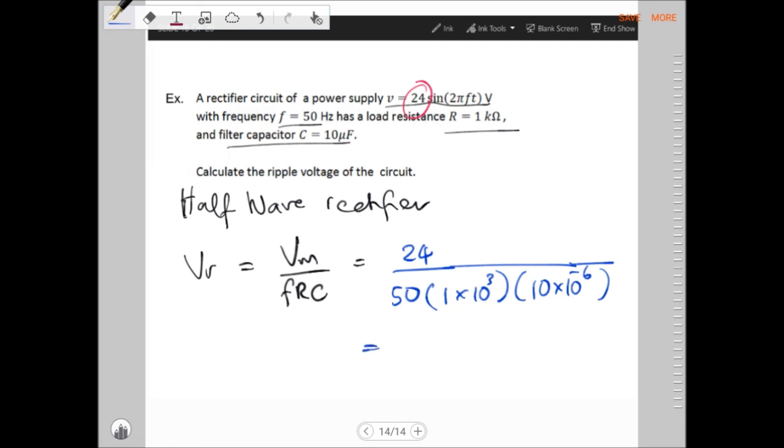If you do the maths correctly, hopefully you will get 48 volts. That's how you do it. Because this question doesn't give T prime, you use this approximation for the ripple voltage.